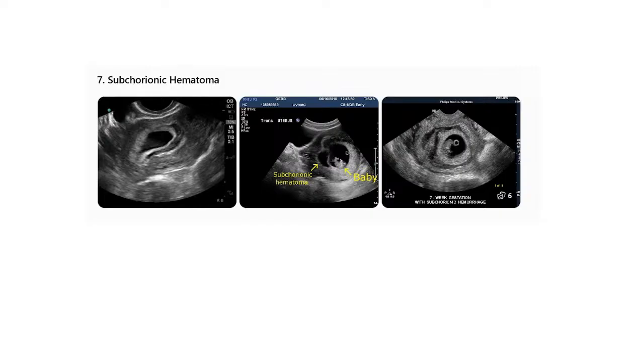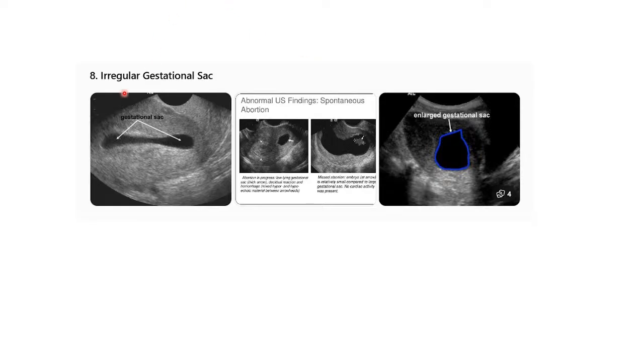Please, this atlas will help you to identify those soft markers of pregnancy failure. So, the irregular gestational sac. An irregular gestational sac that is not circular is another sign of pregnancy failure. You can see this is an elongated gestational sac.